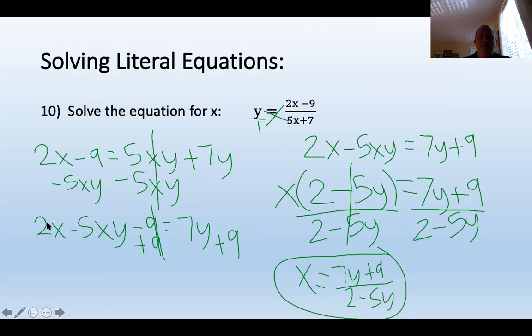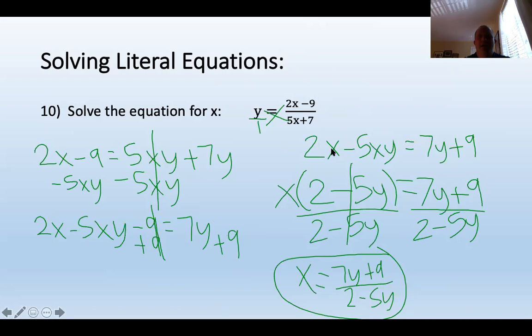And so you have 2x minus 5xy minus 9 equals 7y plus 9. But then negative 9 doesn't have an x in it, so we need to add 9 to each side to move it over. And so you have 2x minus 5xy equals 7y plus 9.